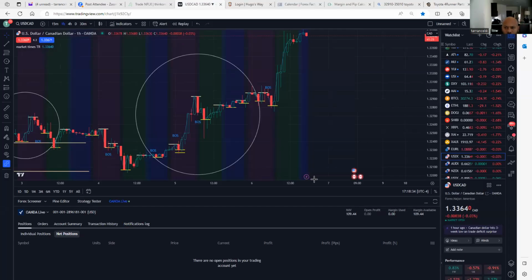All right. So now, if we're looking at it, and it's red, I'll use yellow. Okay, that's good. Now look at this from this perspective. This is a break of structure right here, right?